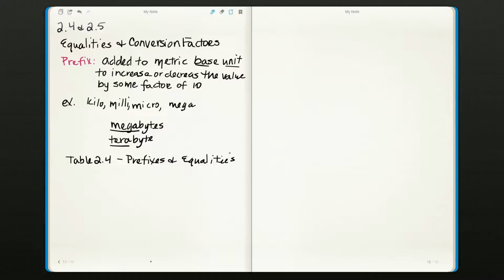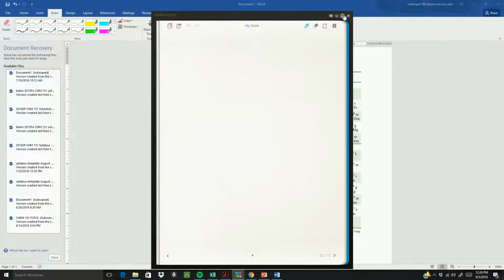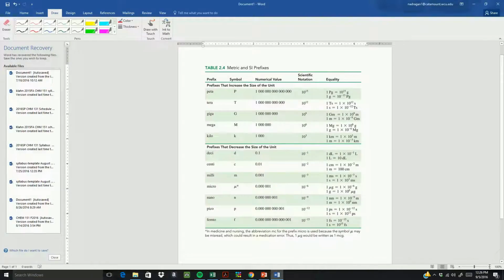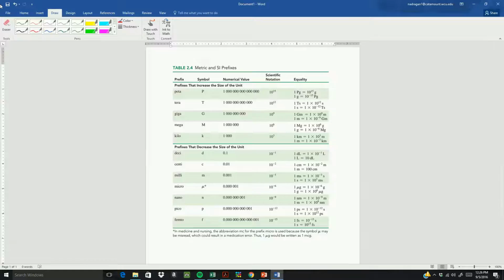Okay, so I'm just going to pull that up now so you guys can see it. In this table, it shows you what all the prefixes are. This column here is the prefix. These are the ones that you're going to see the most often: mega, kilo, centi, milli, micro, and nano.